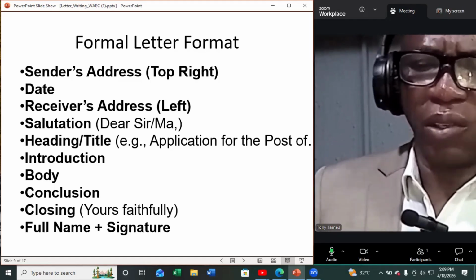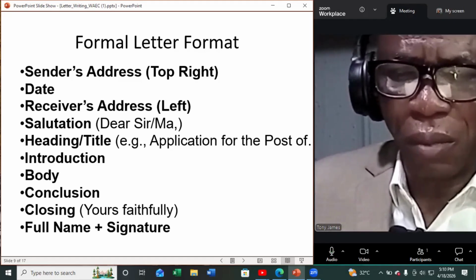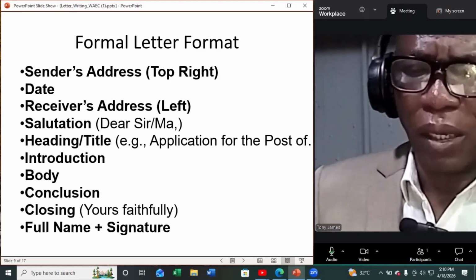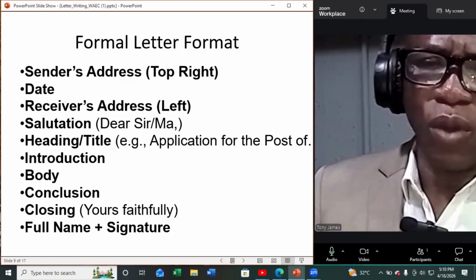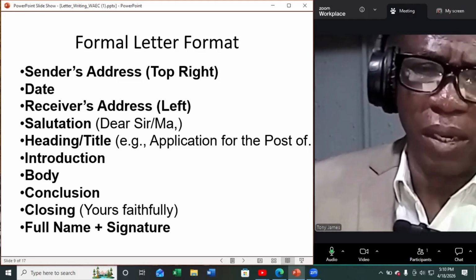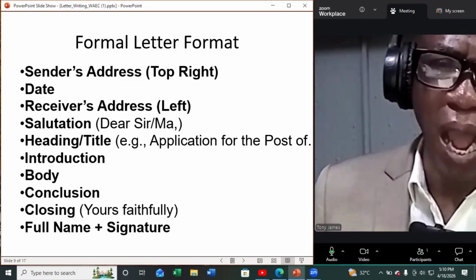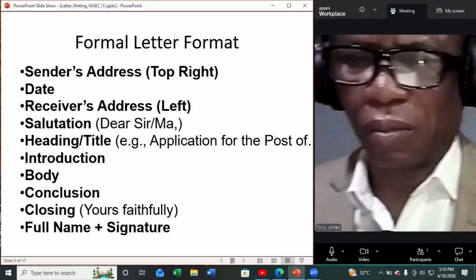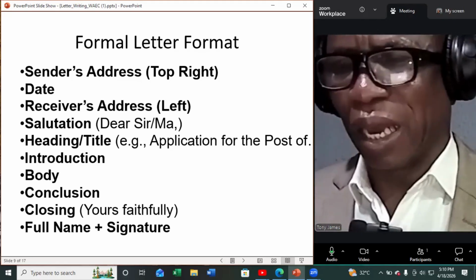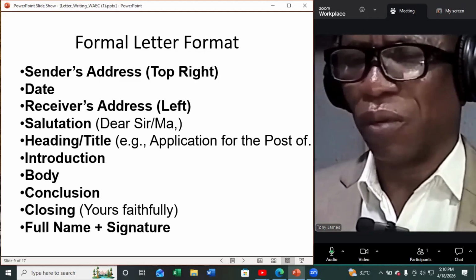Then we have the address of the receiver. That is the address of the person you are writing to. That one will be at the left-hand side of your paper, and the first line will be on the same line as the date. That's where you write the date. The first line will start from there. It's very important. You don't write it directly against the address of the writer.